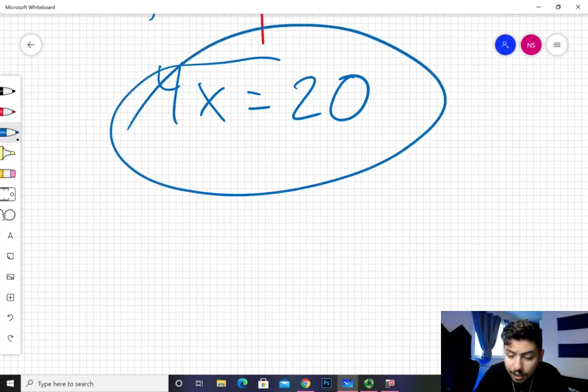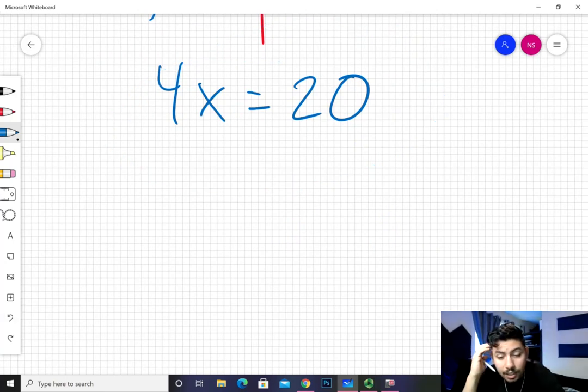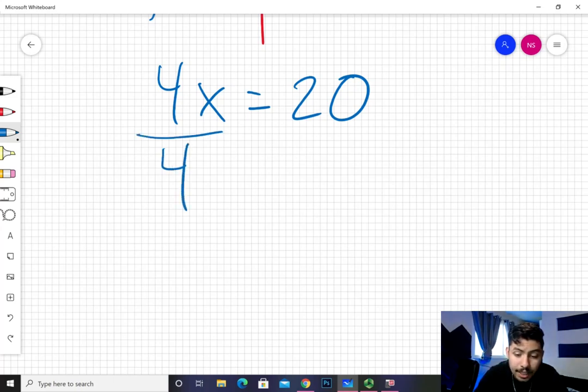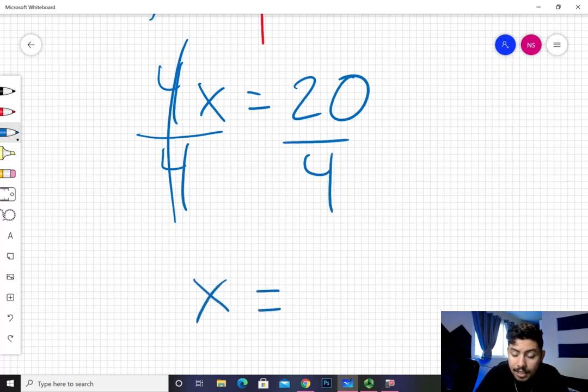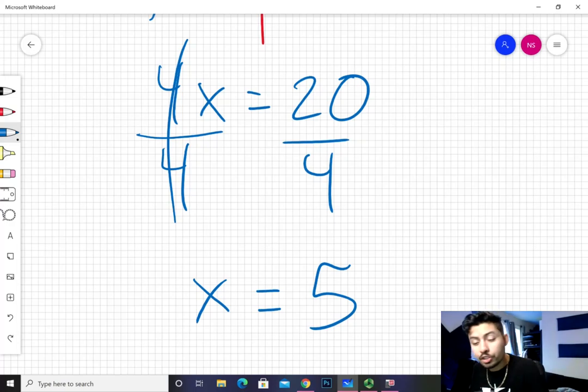Almost always you're going to be dealt with a one-step equation that involves dividing for your final answer. So in this case, you divide by 4 on each side, and we end up getting x equals 5. Pretty straightforward, huh? Hopefully it was. If you use your steps, it is.